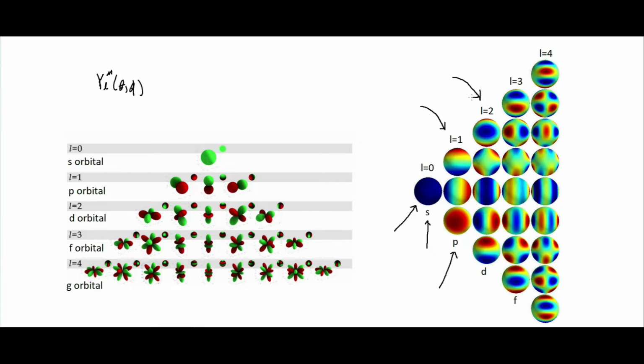But the thing to notice here is that when L equals 0, it's essentially just one bump like this. If this is our probability distribution, this would be like the s orbital, where the p orbital would be more like this.